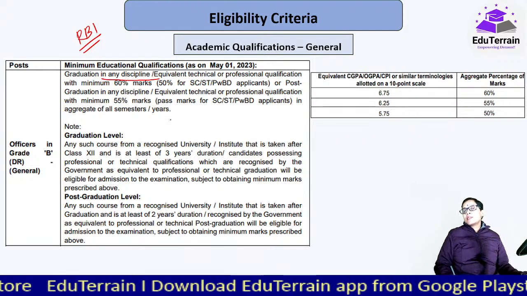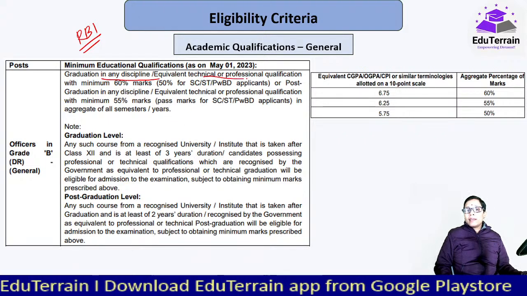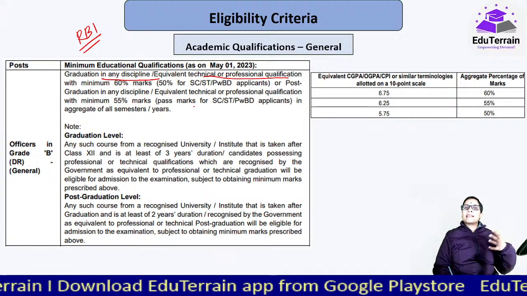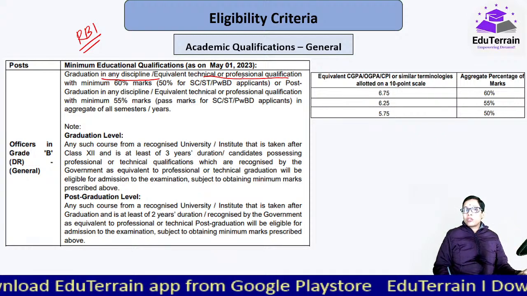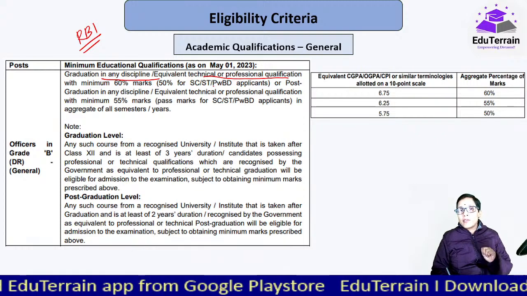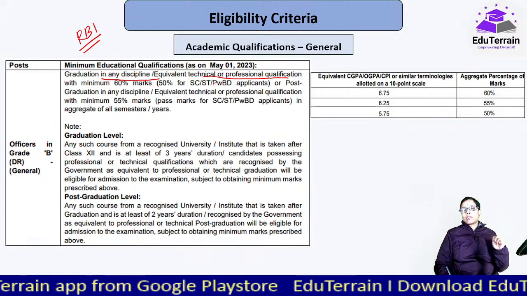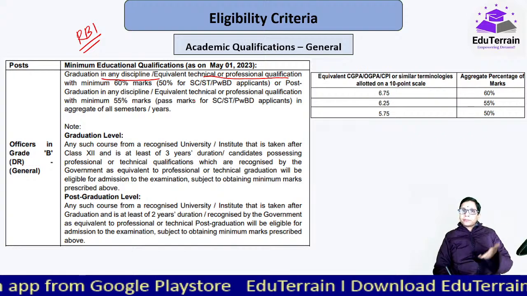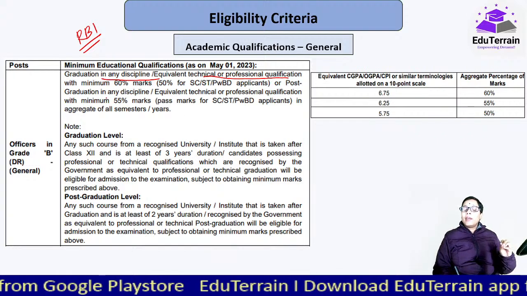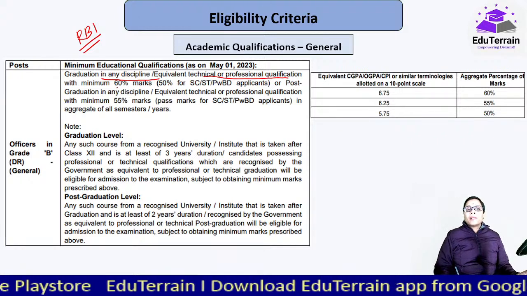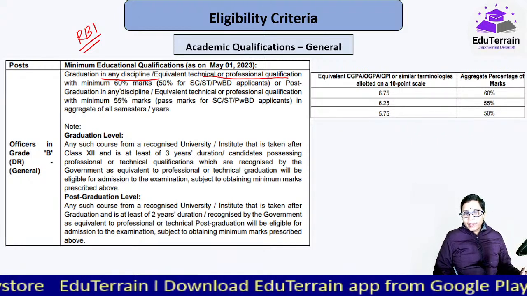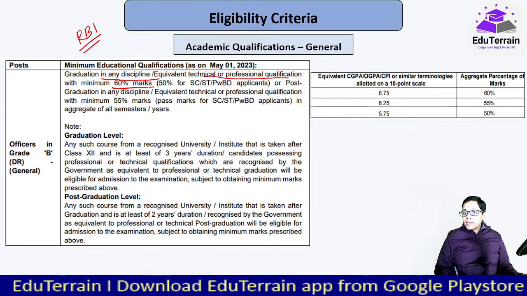Graduation in any discipline or equivalent technical or professional qualification, that is either engineering or even BS agriculture students, those are professional qualification wherever there is a 4 years degree that they must have done, or technical engineering etc. Anyone can apply for this post provided they fulfill the rest of the criteria, like minimum 60% marks.